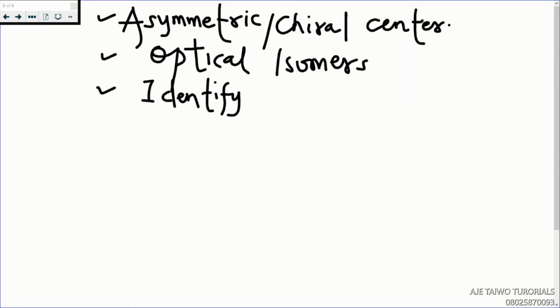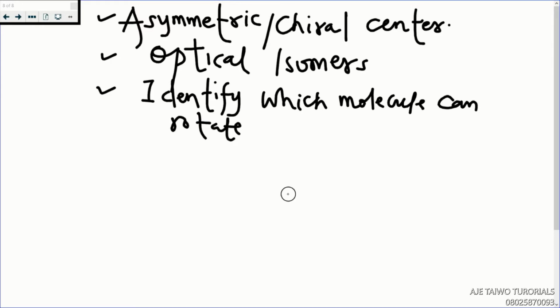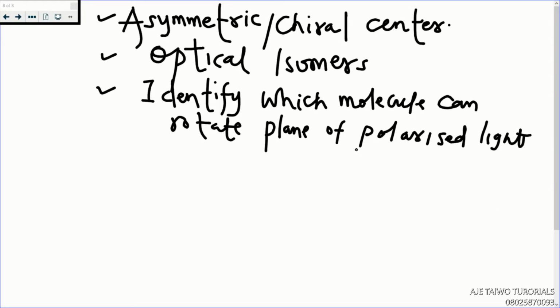They can ask which of the molecules below can rotate the plane of polarized light. What will be your answer? You will look for molecules which have a chiral center.